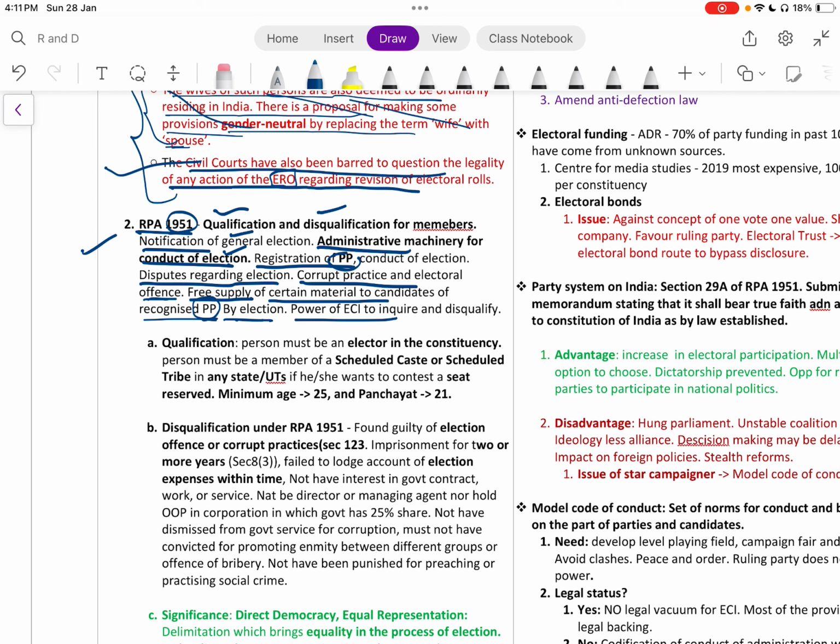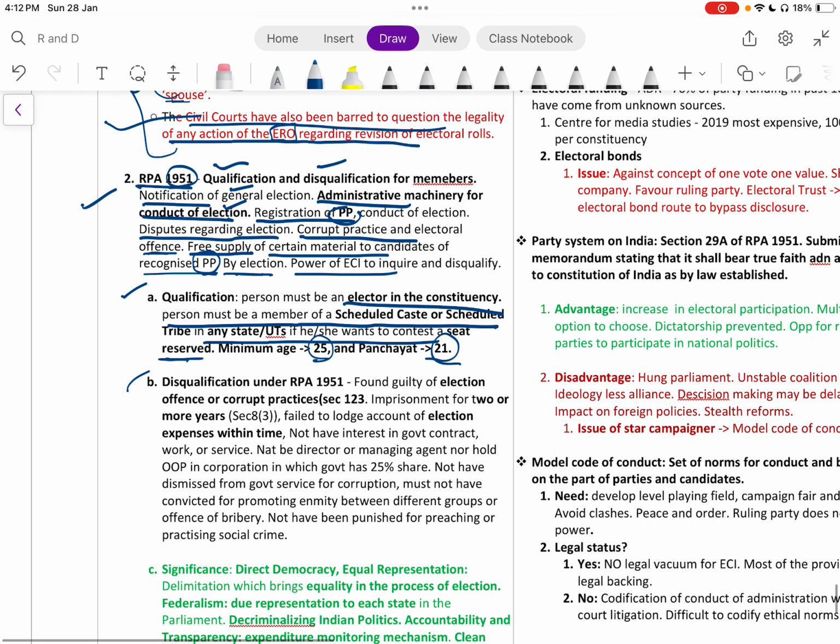Okay. What are the qualifications? Person must be an elector in the constituency. Person must be a member of scheduled caste or scheduled tribes if she is contesting a reserved seat. Minimum age 25, Panchayat 21.